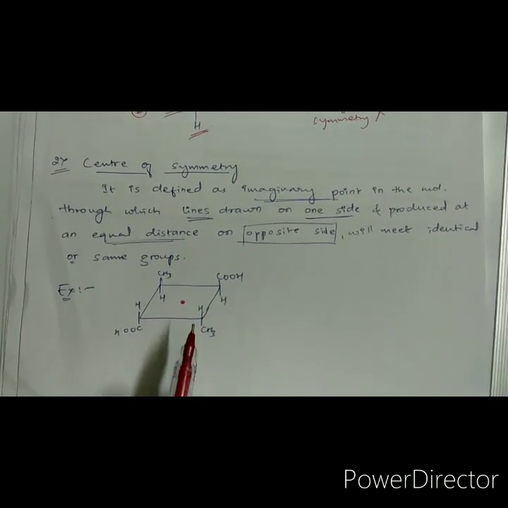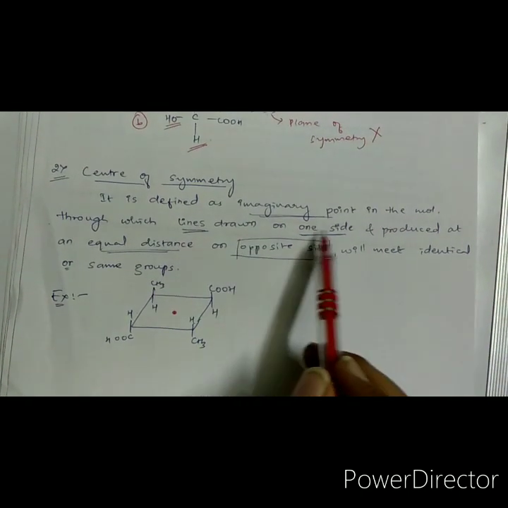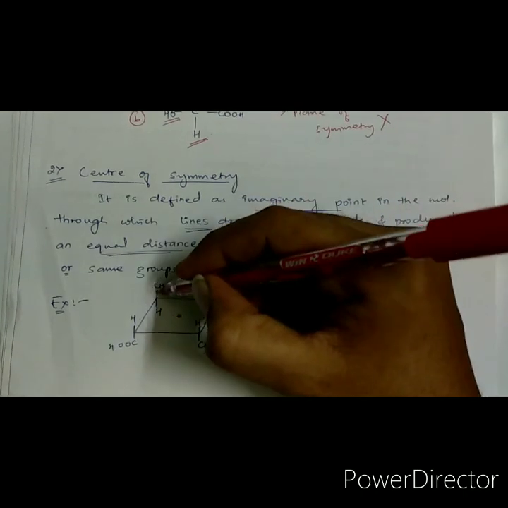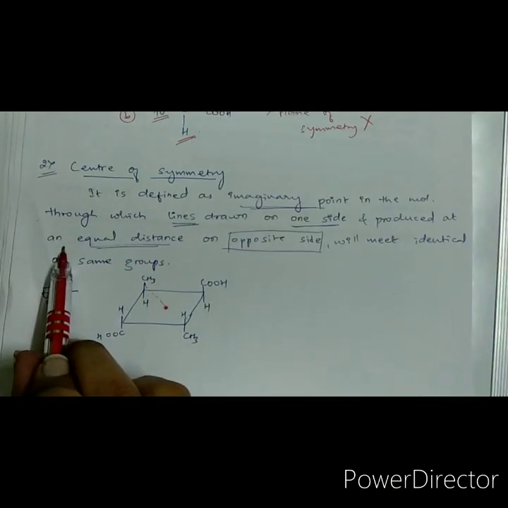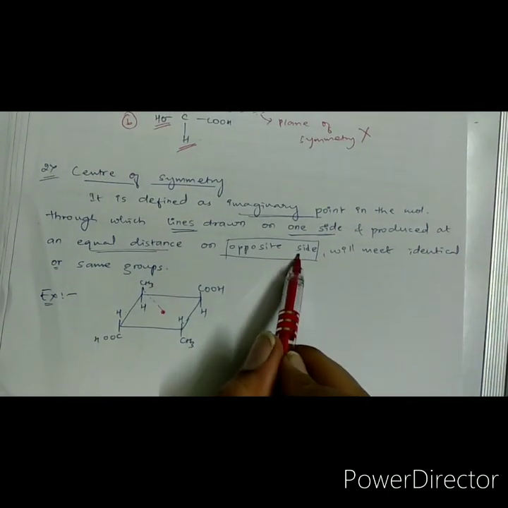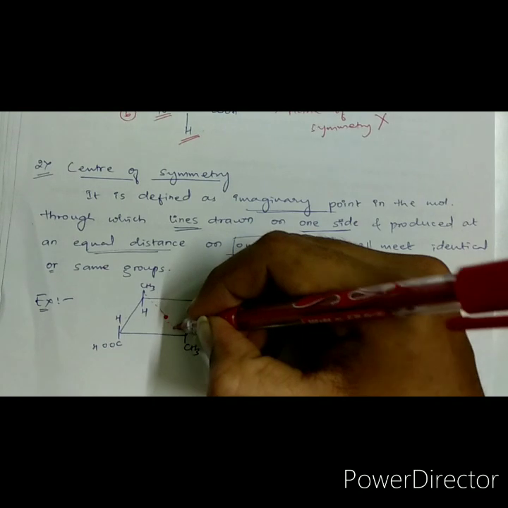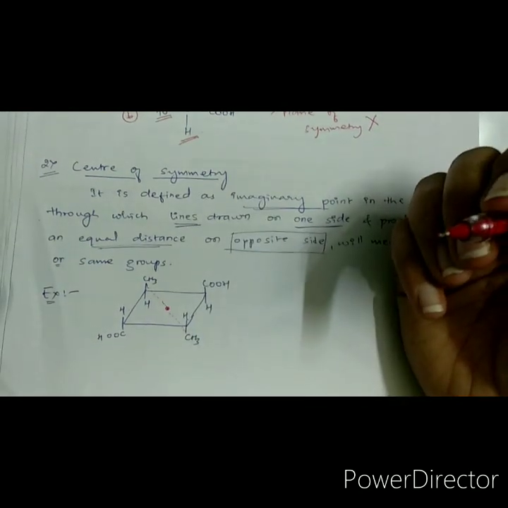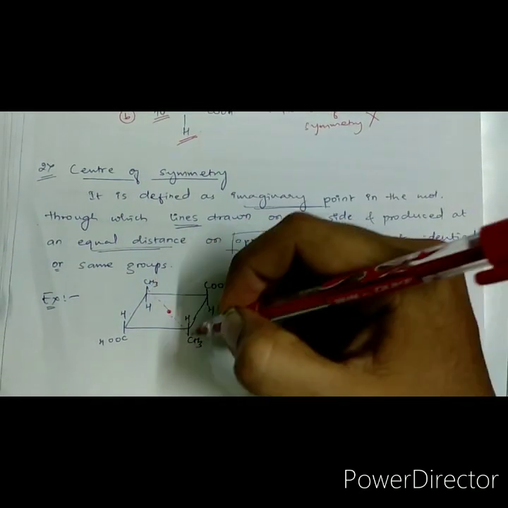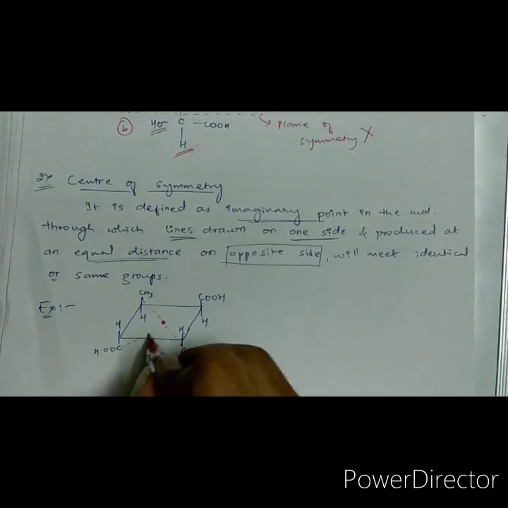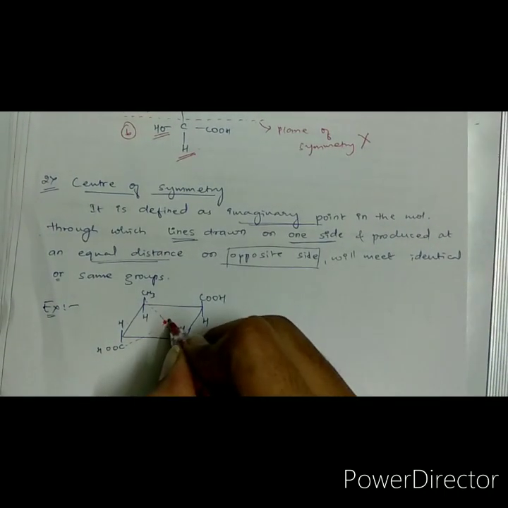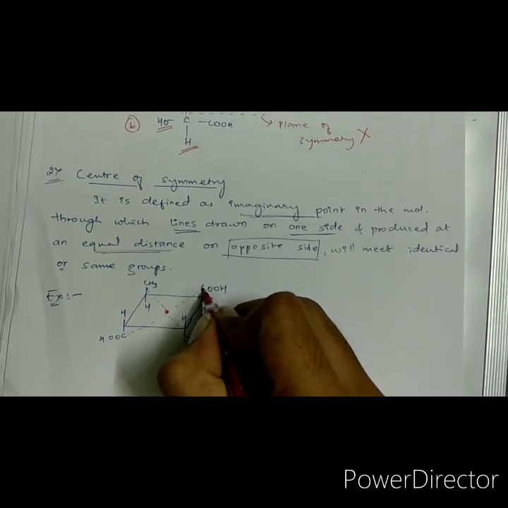Now if we draw, as in the definition, lines on one side, and meet this CH3 on one side and produce it at an equal distance on the opposite side, here it is up, here it is down. If we extend this line on the opposite side, that is the downside, it will meet the same group. Similarly, COOH from one side meets COOH on the opposite upside.